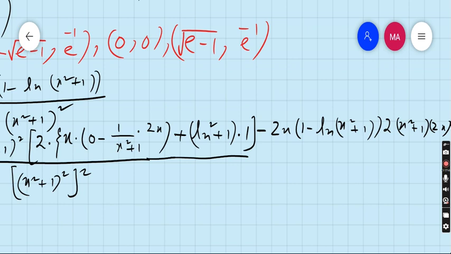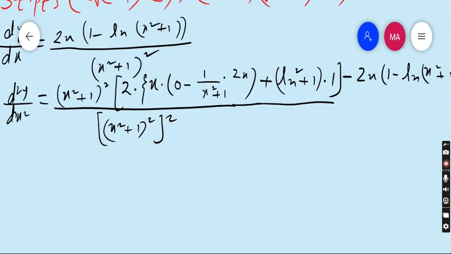Now a little bit simplify it and then satisfy it by the given values. So x square plus 1 into 2 into x, 2x into 0 is 0, 2 into x is 2x.